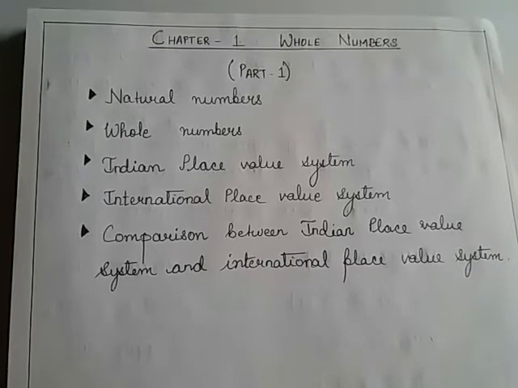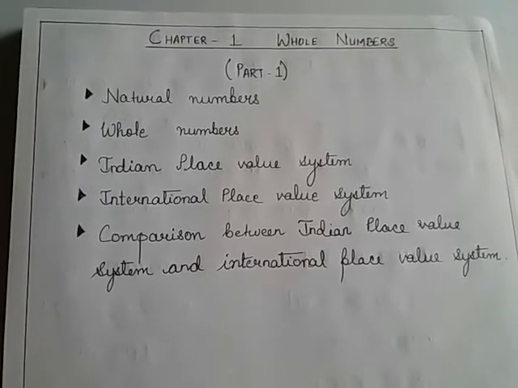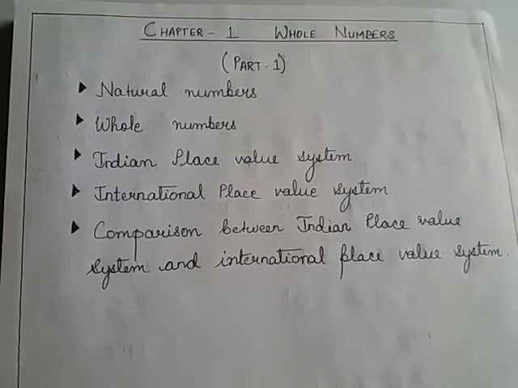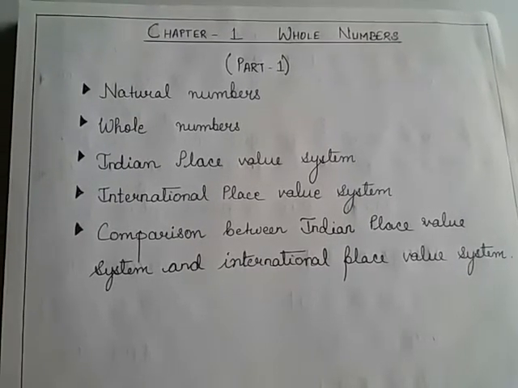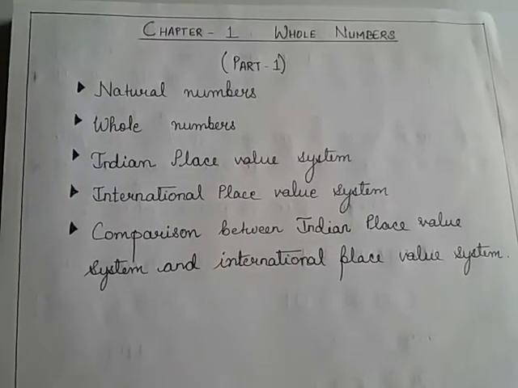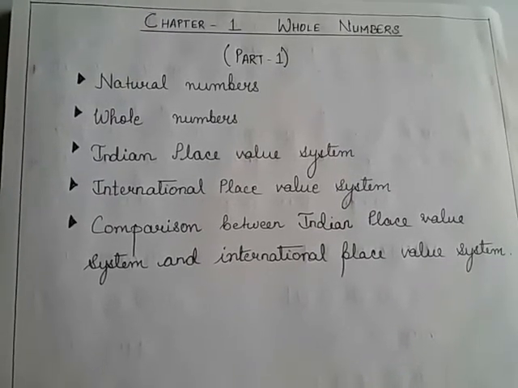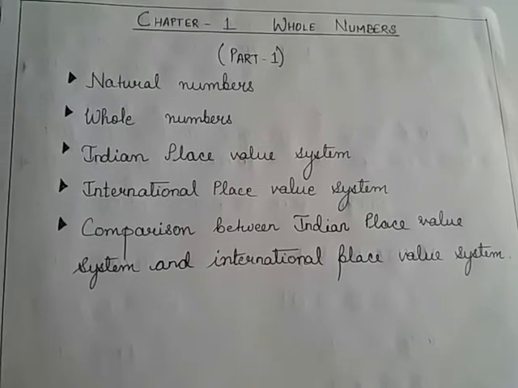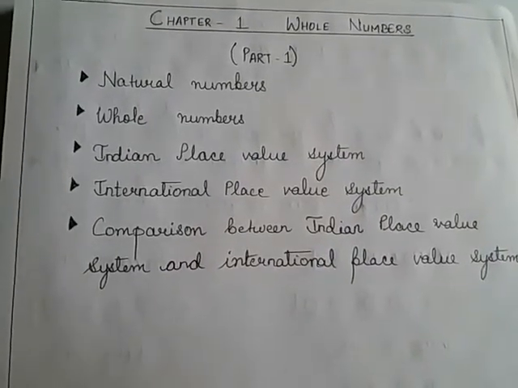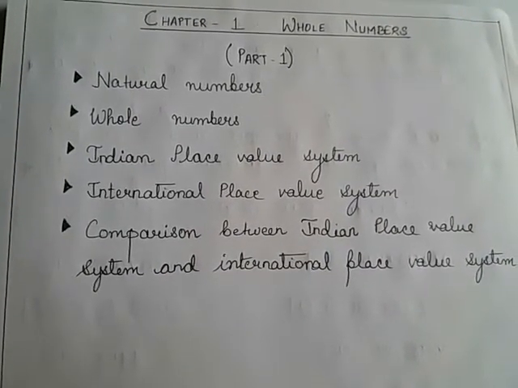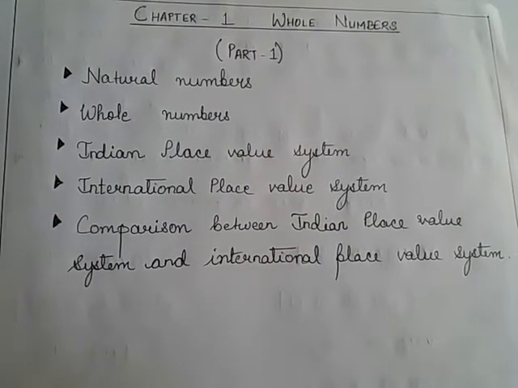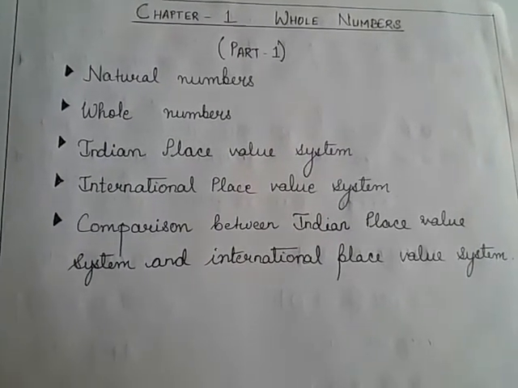So students, with this topic, we have come to the end of this chapter, that is whole numbers. Let's recapitulate what we have studied in this chapter. In part 1, we studied natural numbers, whole numbers, the Indian place value system, the international place value system, and a comparison between the two.